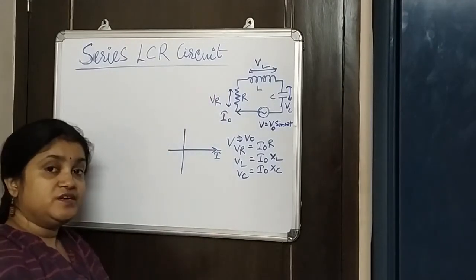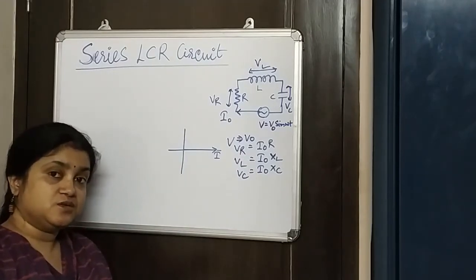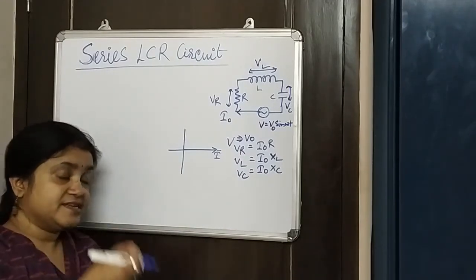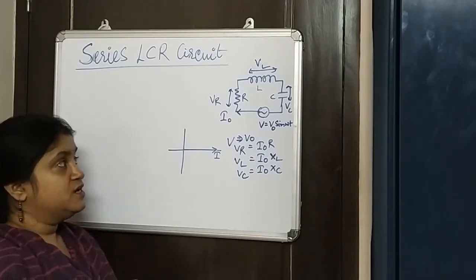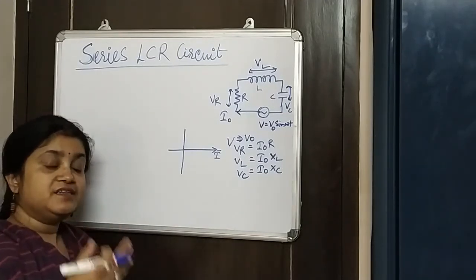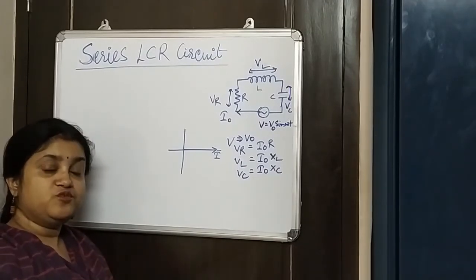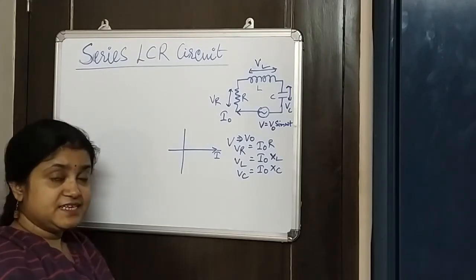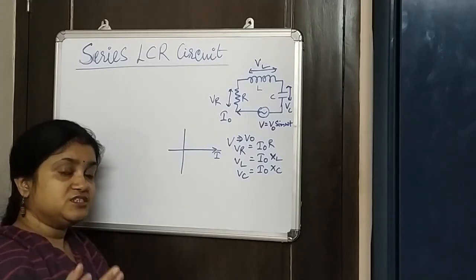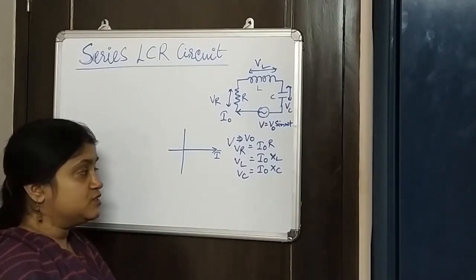As we already know that in resistive circuits where we have a resistor and we give an AC source, the voltage and the current do not have any phase difference, so they would be in the same direction. So the current and voltage are in the same direction and their phase difference would be 0.